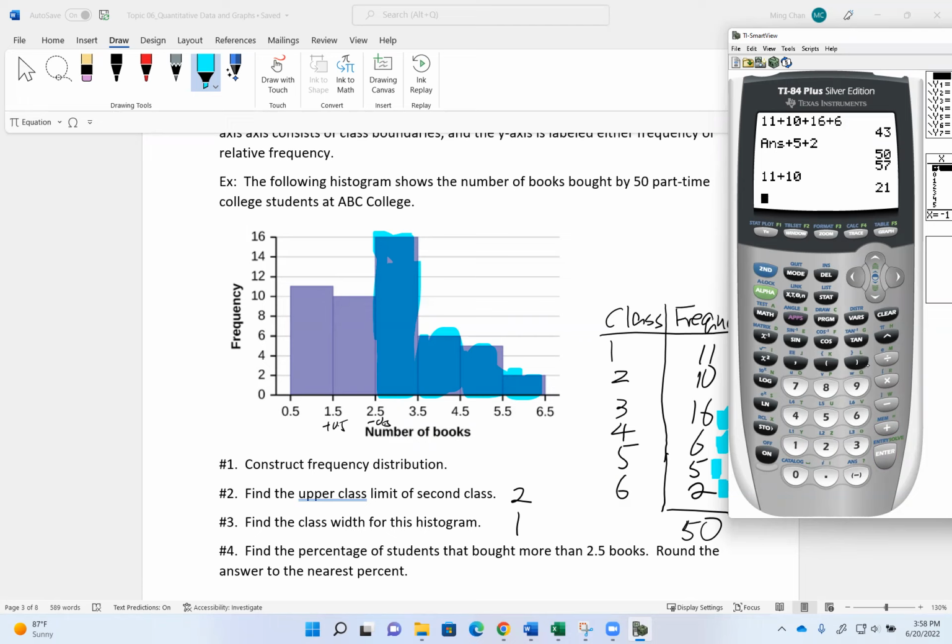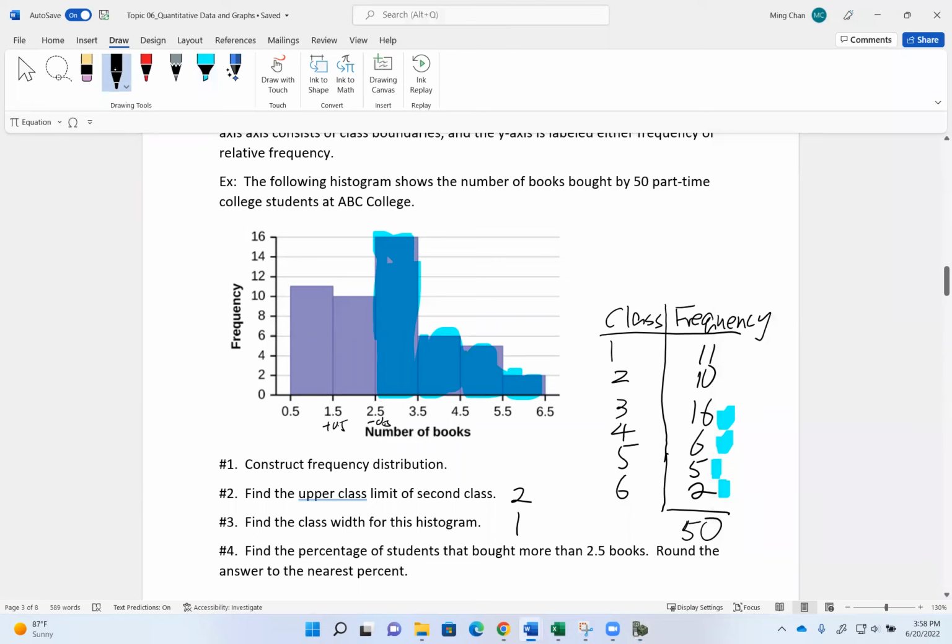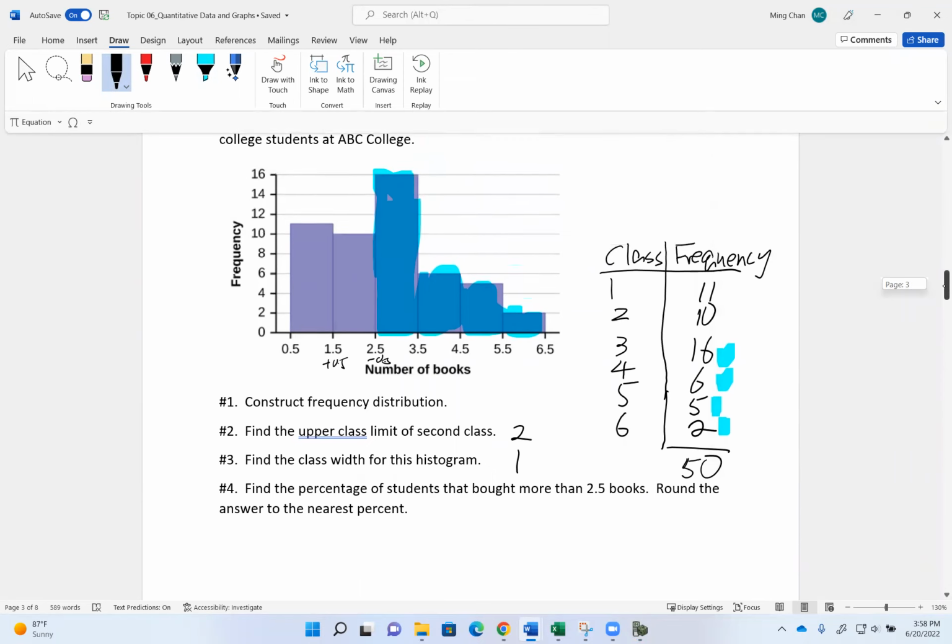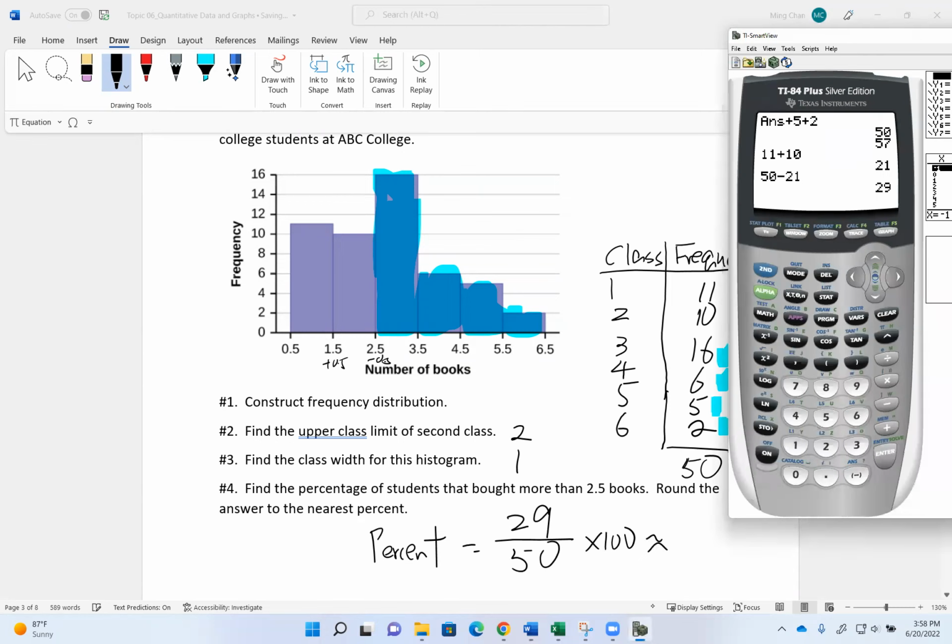So I can take 50 minus 21 and say there are 29 students who bought more than 2.5 books. So percent is part over the whole times 100. So 29 students divided by the total 50 students times 100. So that's about 58%.